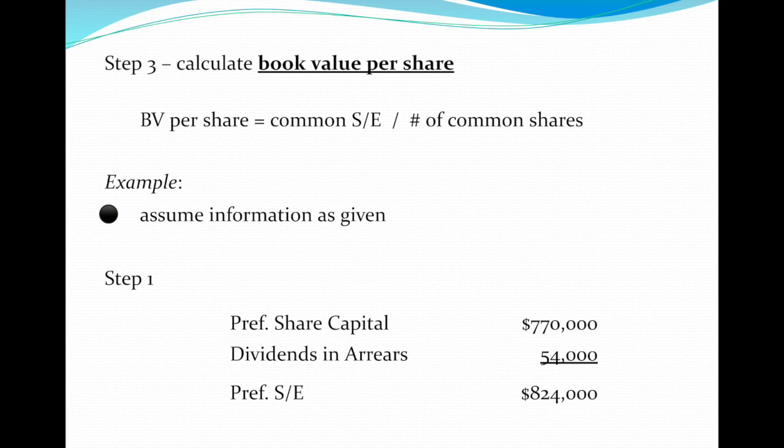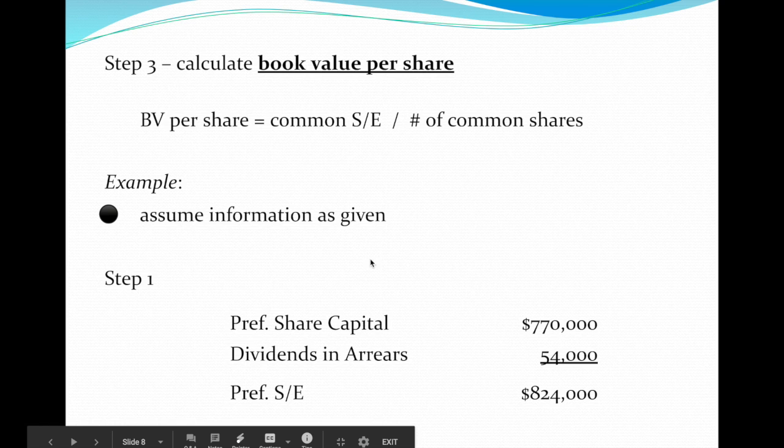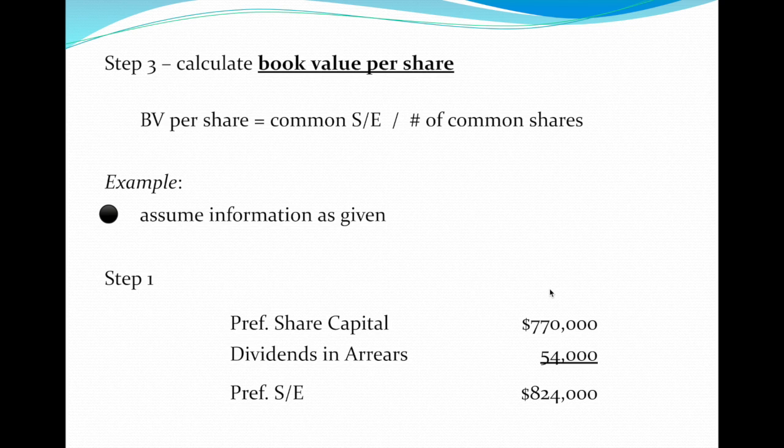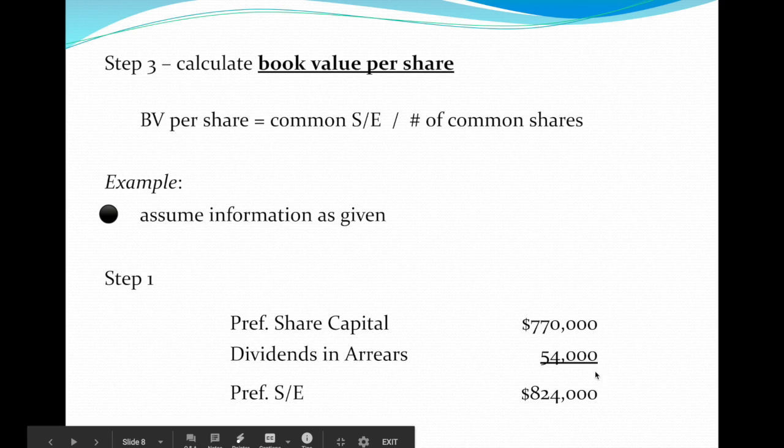So for example, if we assume that the following information is given to you, we have preferred share capital equal to $770,000. We have dividends in arrears of $54,000. And we have preferred shareholders' equity at $824,000. You'll notice that this is equal to the sum of these two.